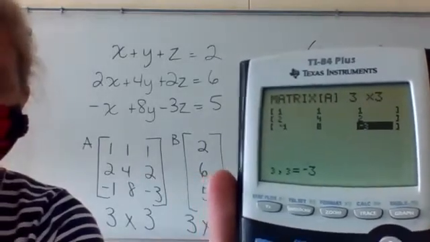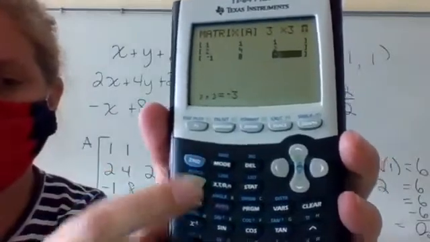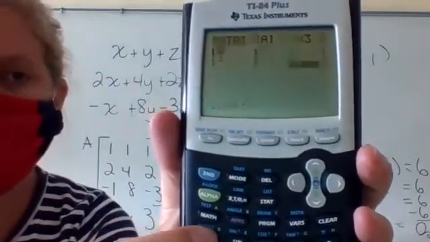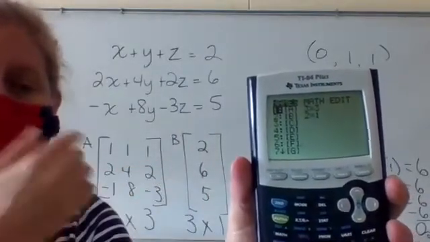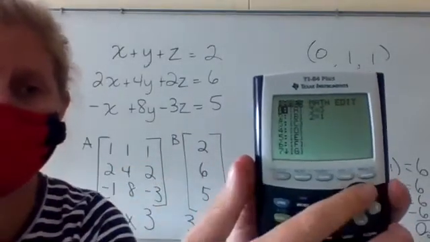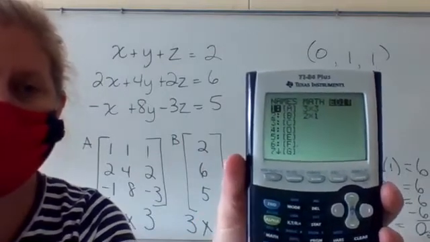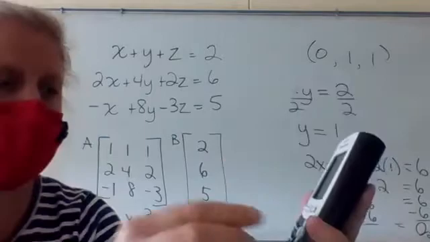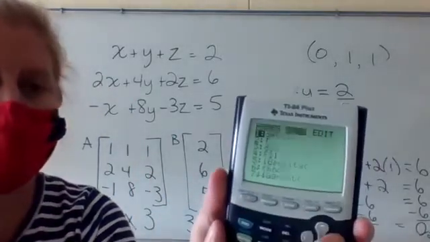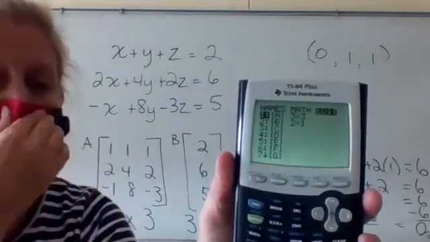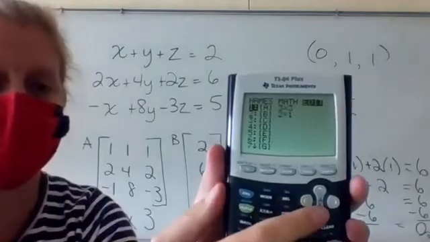So now, we've created our first one, so go back to second matrix. Now I want to create this B matrix. So I'm still editing, I'm still making a new matrix. So I go over to the edit function, hit enter. Ooh, what'd I do wrong? Second matrix. I went over to edit, and then I hit enter, but I don't want to edit A. I've already done that. I need to go down, right?